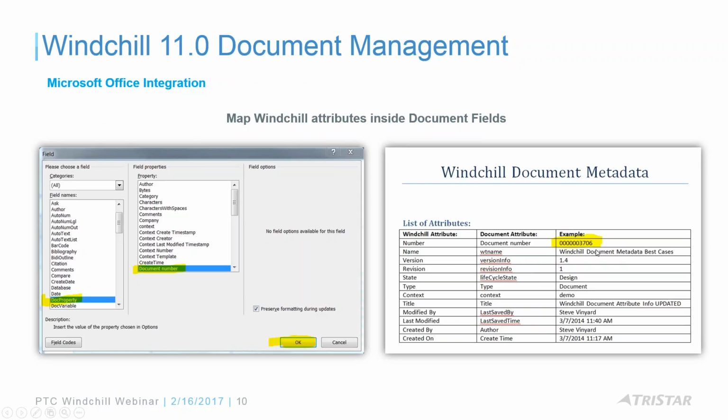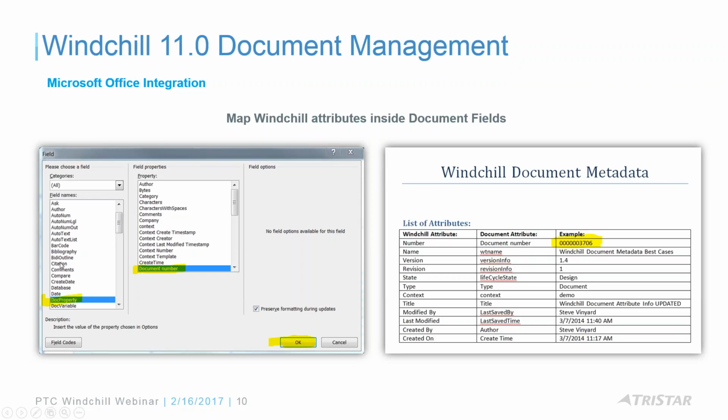So I might have things like a document number, the document name or description, the revision, the version information, the lifecycle state of that document, who it was created by, who last modified or saved it, and what time that happened. Some of these standard document fields can be put into the document, as well as any custom attributes that you define for your documents.